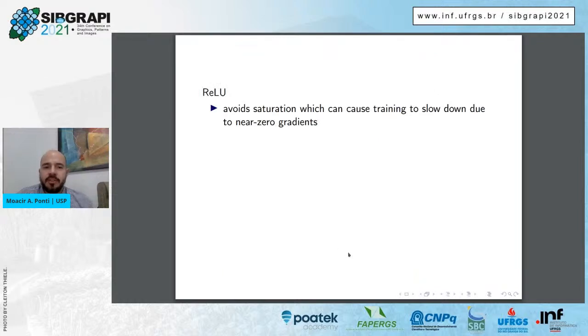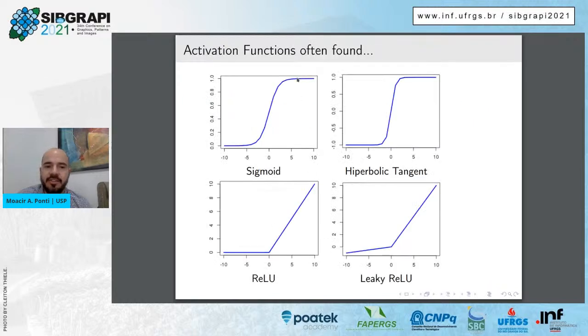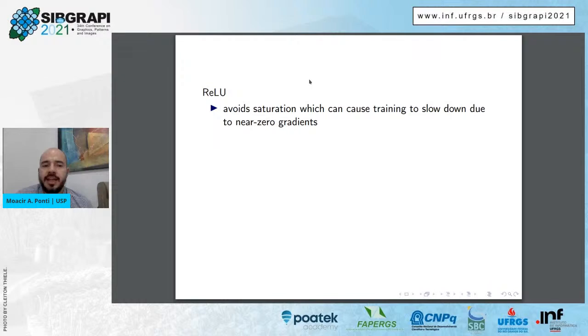The good thing about ReLU is that it avoids saturation, because it is not bounded on the positive side. In contrast with the sigmoid function, which saturates after some value, and those saturations can cause training to slow down due to near zero gradients.